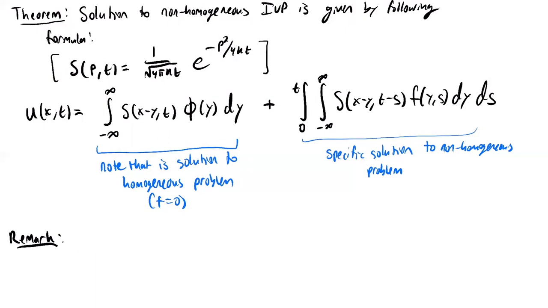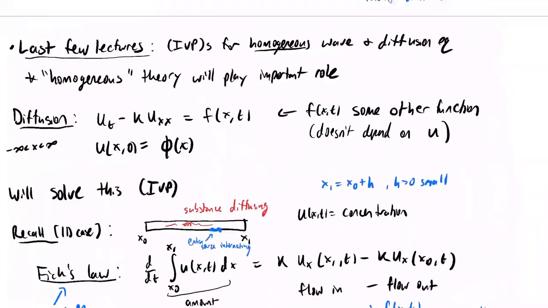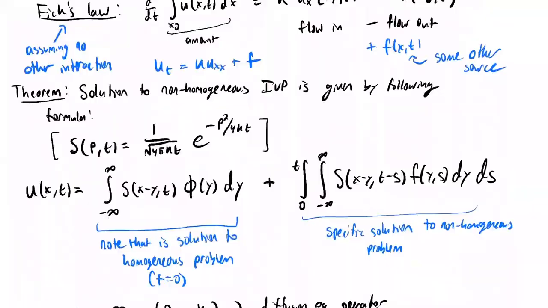Well, to simplify notation a little bit, let me let D denote the diffusion operator. So that's dt minus k times dxx. And let's suppose that V is any solution to the non-homogeneous initial value problem from above, meaning the general IVP with F instead of 0.